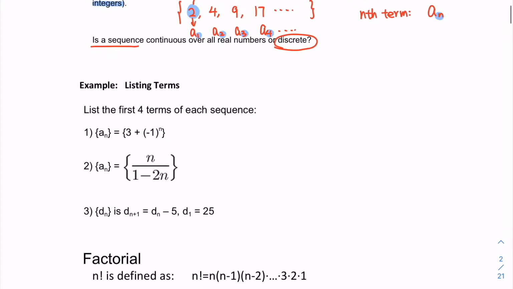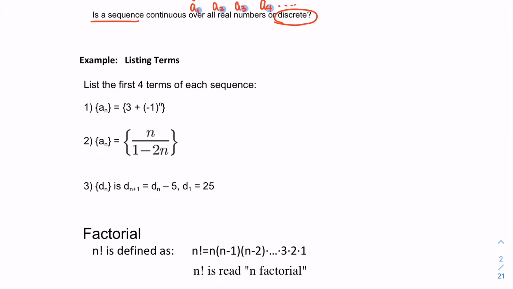How do we list the terms in the sequence? Example 1, given an equals 3 plus negative 1 to the n, list the first 4 terms. So we start with A1, that means n equals 1. We plug n equals 1 in, so it's 3 plus negative 1 to the first, which gives us 2.